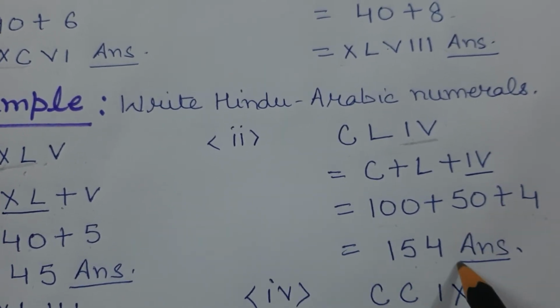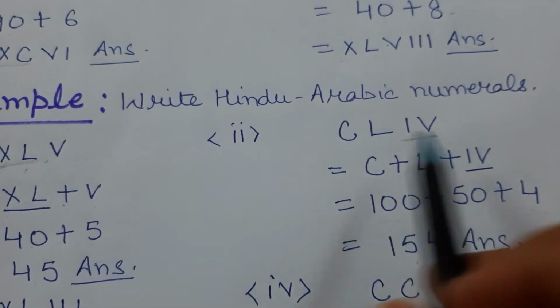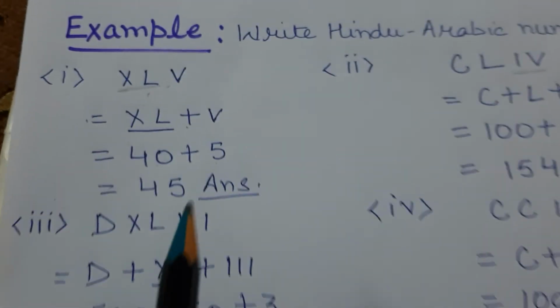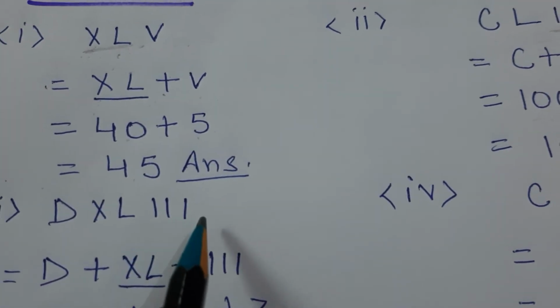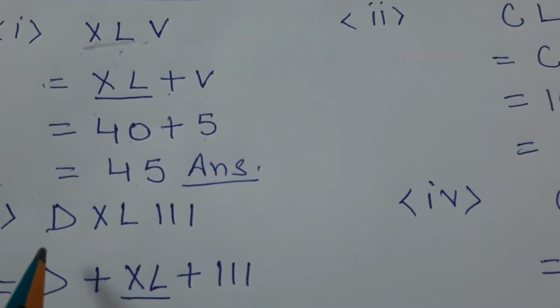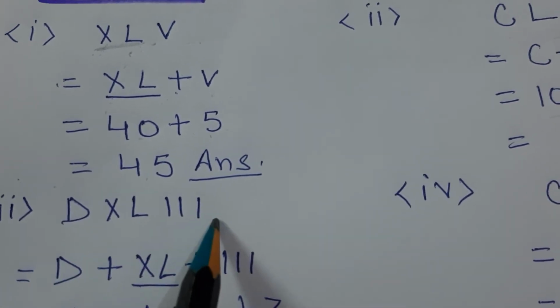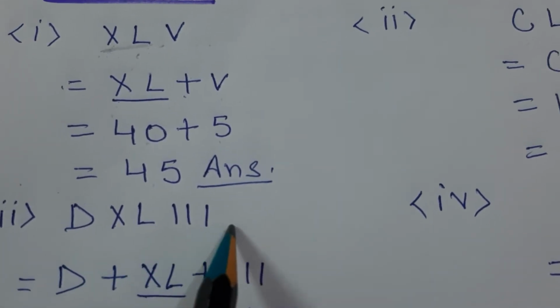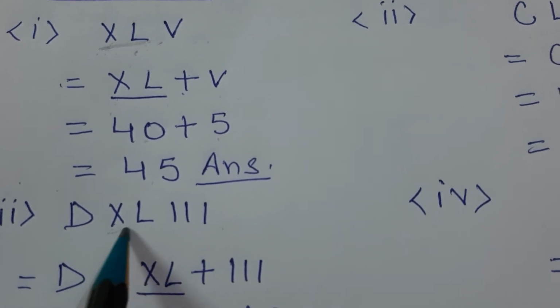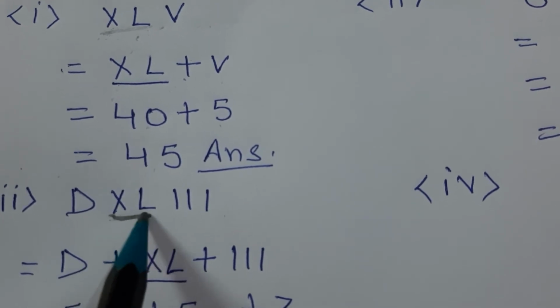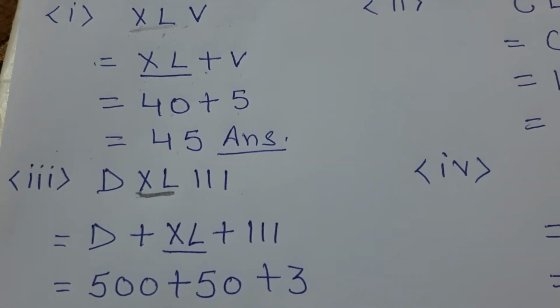Same, better you write the number by splitting the symbols. Next is DXLIII, triple I. Again, the first step is to check whether they are in descending order. If you see, all are in descending order, but X is not at the proper place. It means subtraction is occurring.